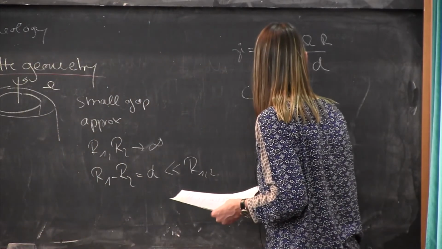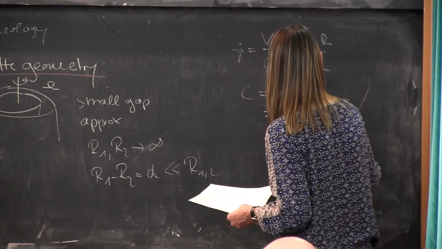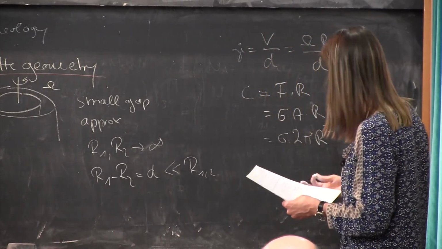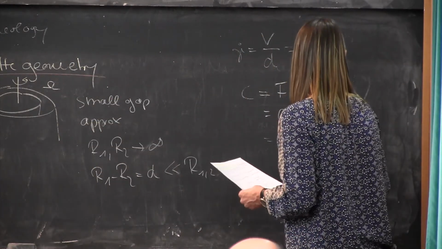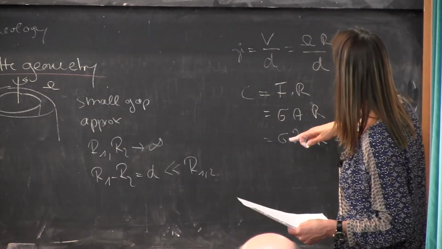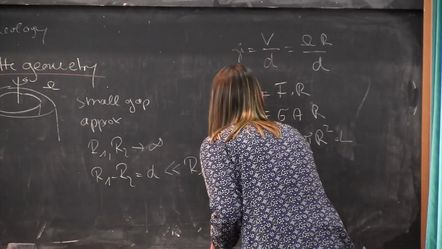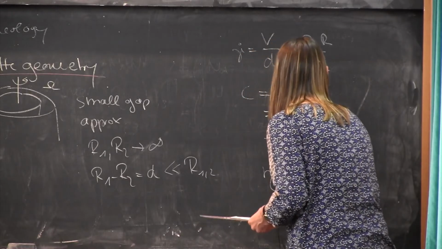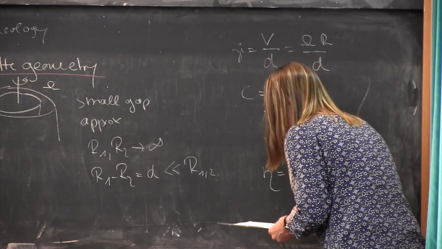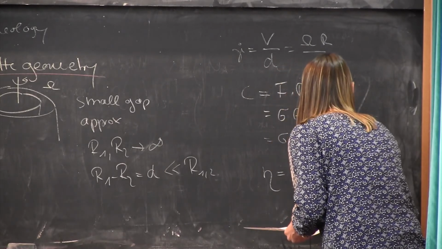So it's sigma times 2 pi r, and I still have an r left from here. I also have to add the length of the cylinder, which is L. Putting all of this together and using my definition for the viscosity, you find that the viscosity is something like the torque times the small gap divided by omega times r cubed times 2 pi L.